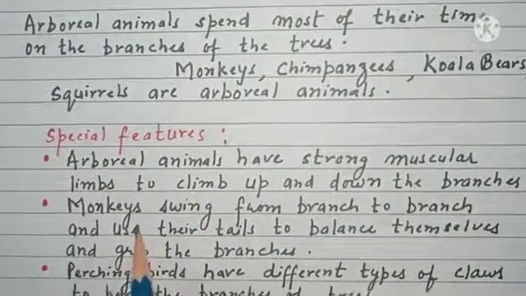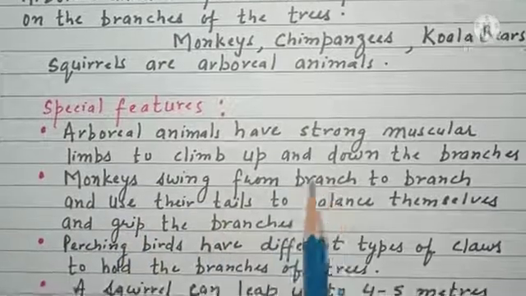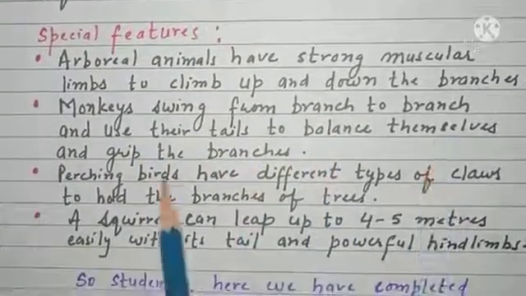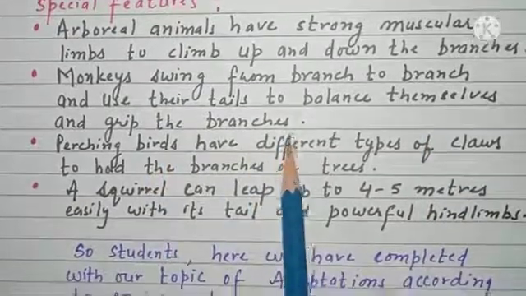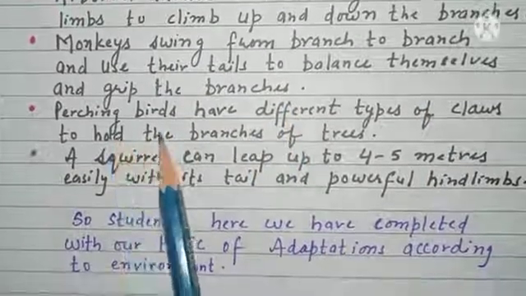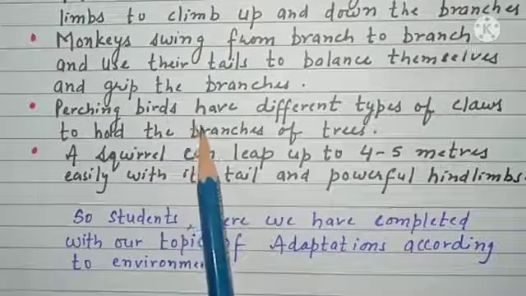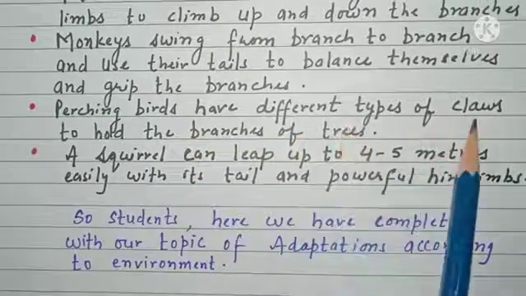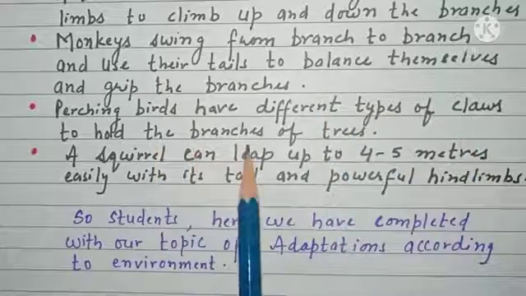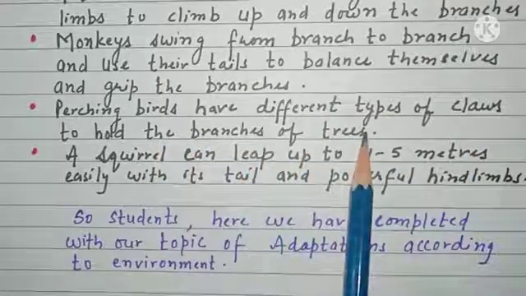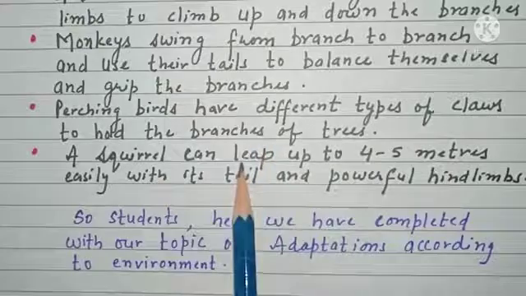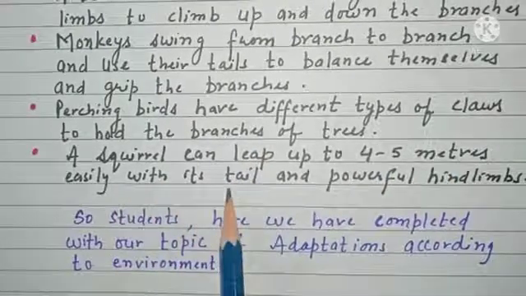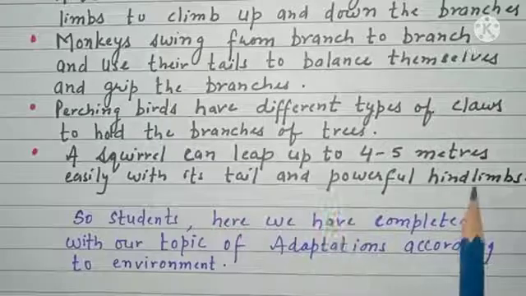The monkeys swing from branch to branch and use their tails to balance themselves and grip the branches. The perching birds means the birds which sit on the branches of the trees, they have different types of claws to hold the branches of trees. And a squirrel can leap up to 4 to 5 meters easily with its tail and powerful hind limbs.